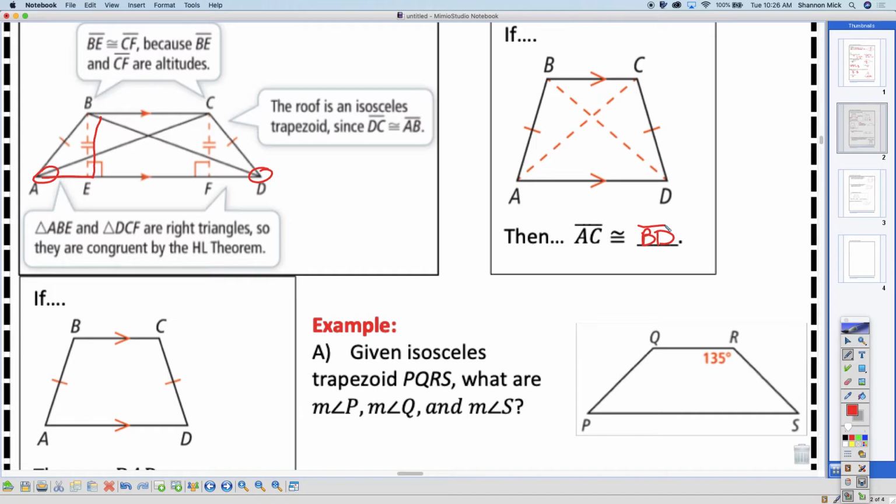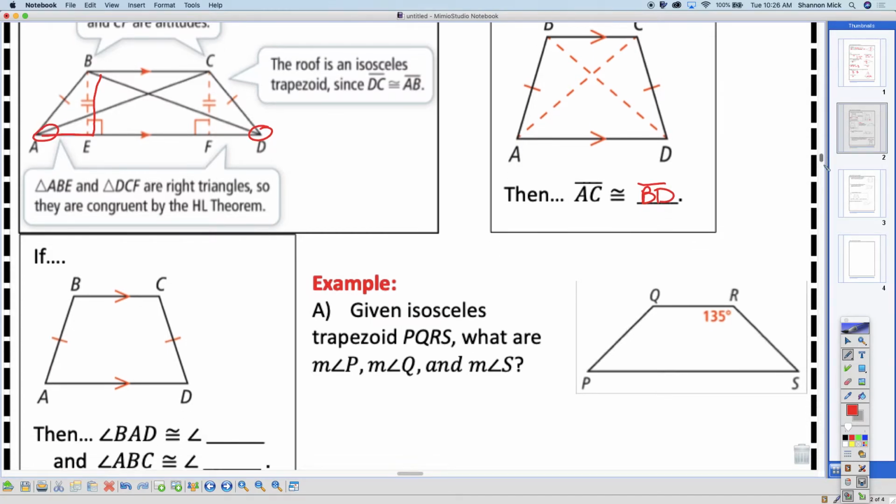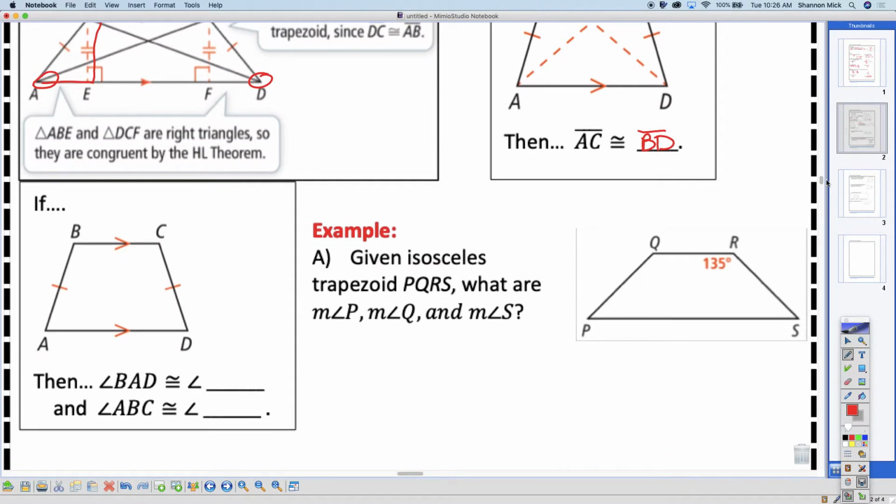So now we have another one. Again, do we have an isosceles trapezoid? Yeah, trapezoid because we have parallel, right? The base is longer than the top, but the diagonals are congruent, so it's isosceles. So it says angle BAD is congruent to angle what? CDA.